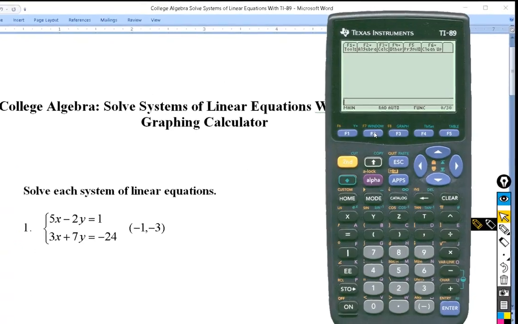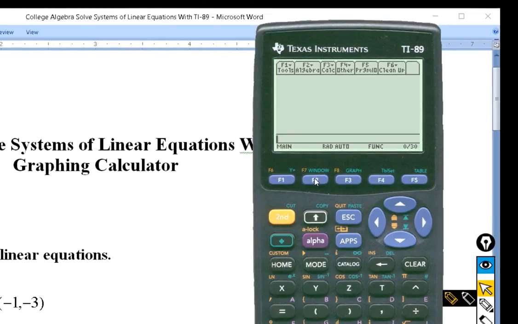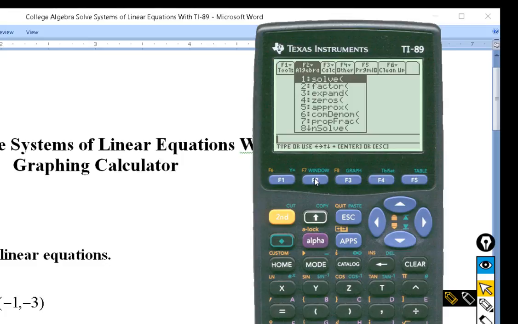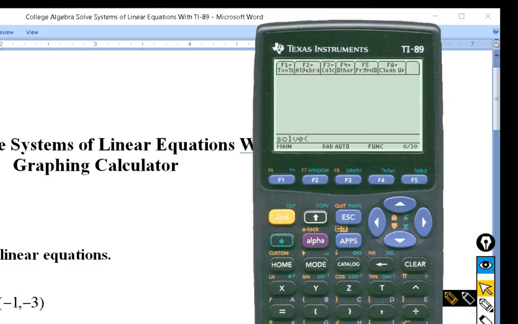So we're going to use the same command we used in the previous video. Go to F2, and then number 1 is the solve command, so I just hit enter. And then we just enter the equations. So we got 5x minus 2y is equal to 1.